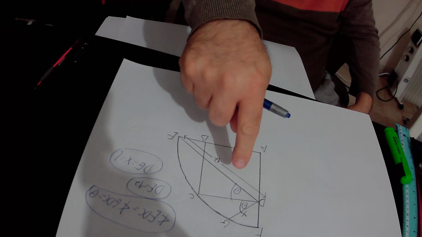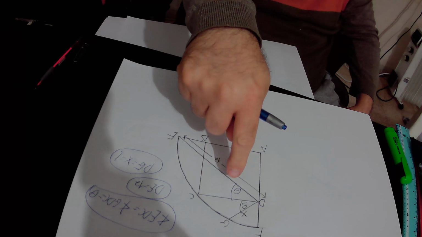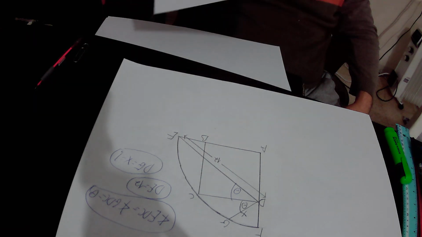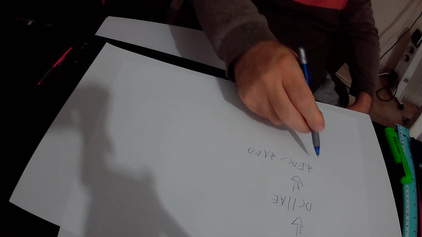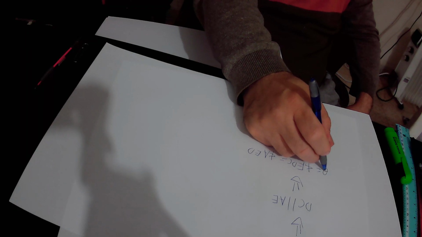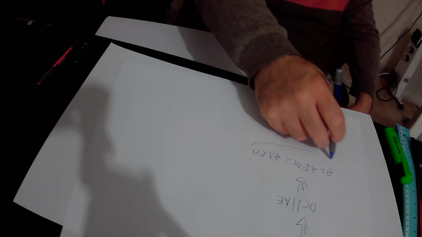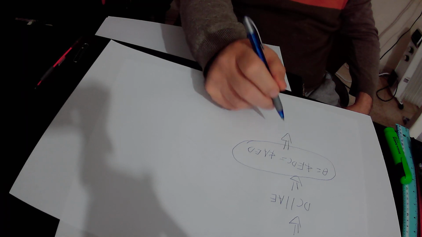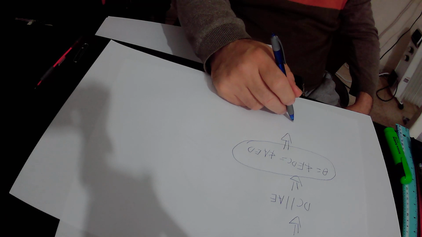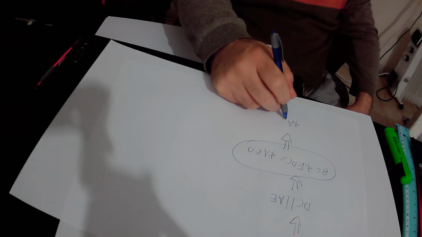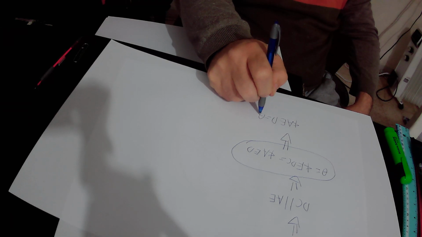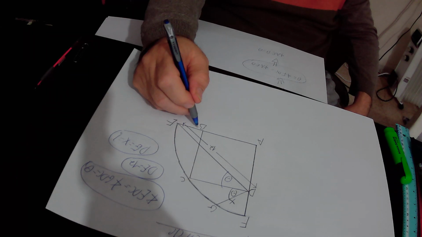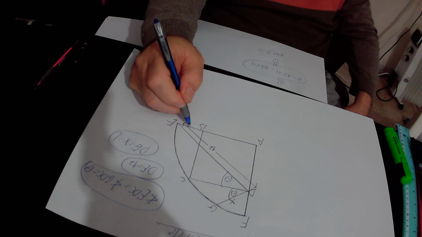But this is angle EDC that is equal to theta, as given, and from this, theta equals angle EDC equals angle AED. We derive that angle AED is also equal to theta.